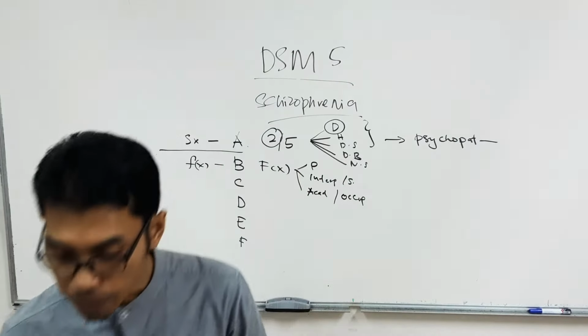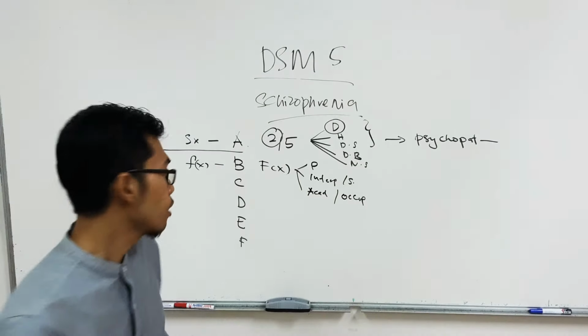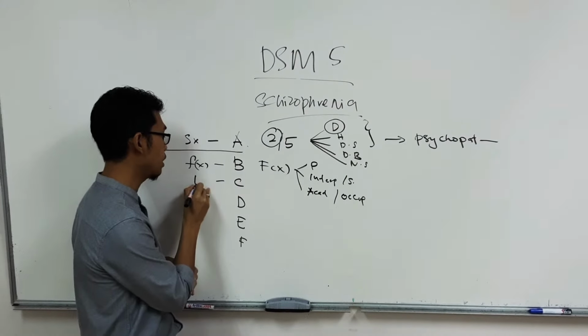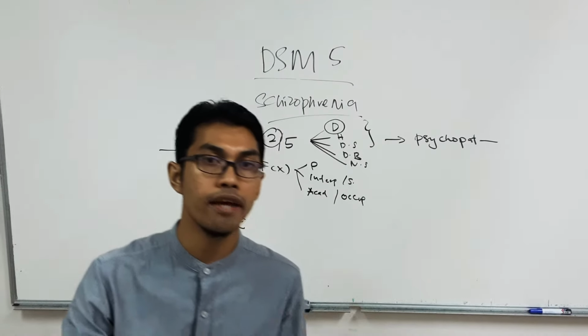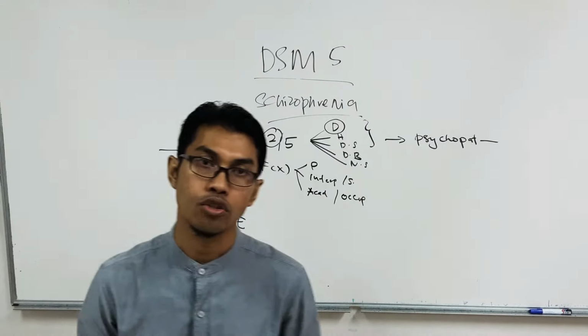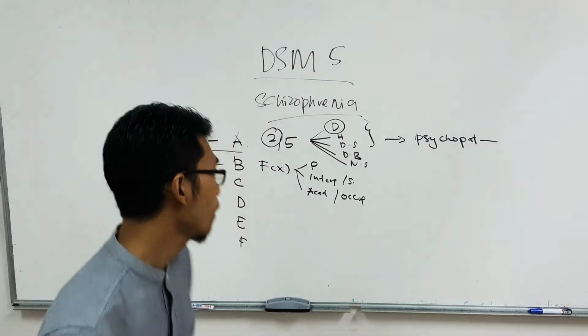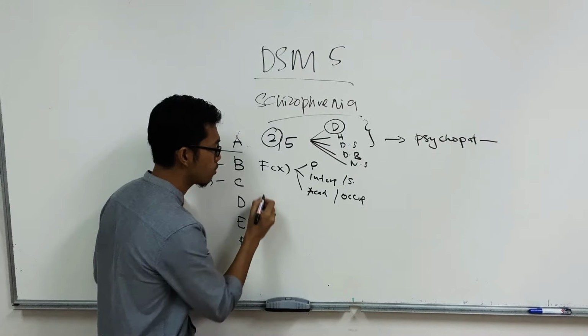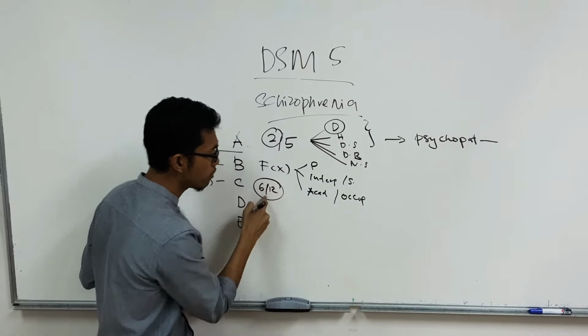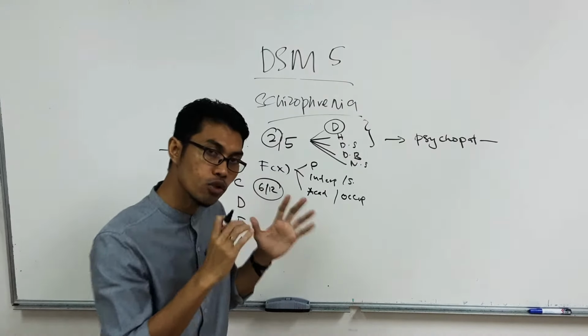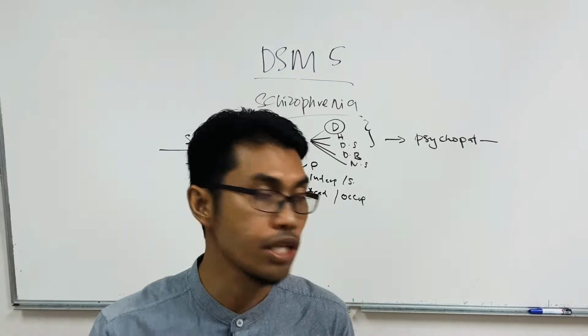Alright. Number three is talking about time frame. Okay. So every diagnosis will have a different set of time frame. So for example, for schizophrenia, we talk about 6 month duration, in which during that 6 months, the symptom must be continuous at least for 1 month duration.